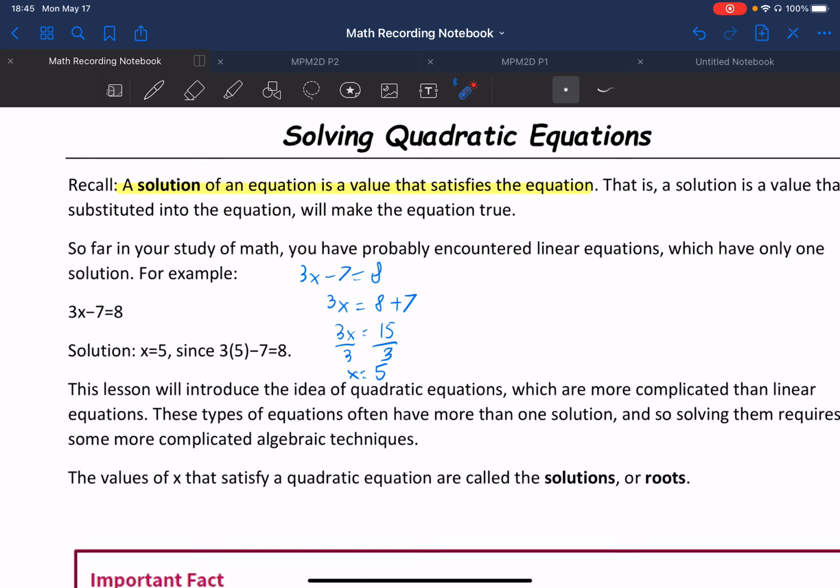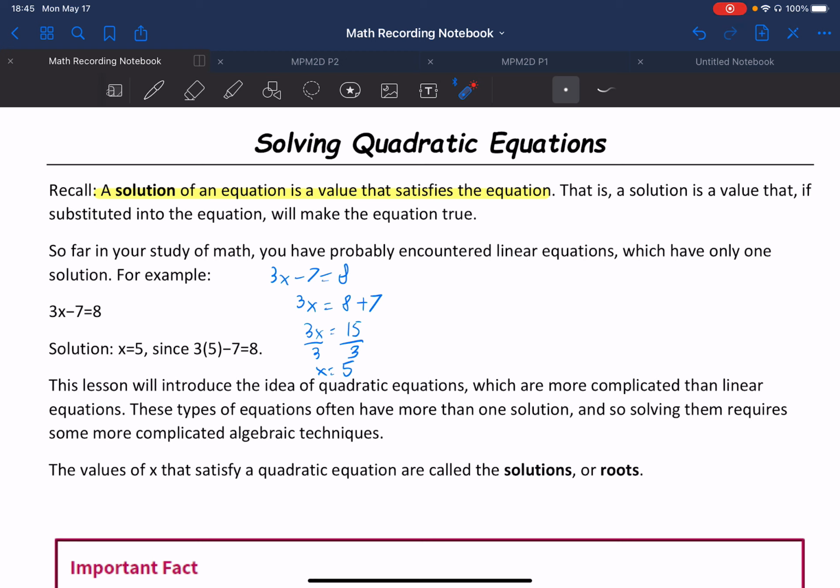In this lesson, what we're going to be looking at is the idea that quadratic equations, which are more complicated than linear equations, can still be solved. These types of equations often have more than one solution, so you're going to have more than one value for x. When you go and solve it, it requires some more complicated algebraic techniques. The values of x that satisfy a quadratic equation are called the solutions or the roots.